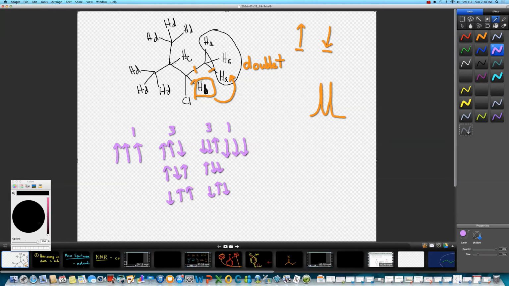But it's also split by HC into doublets in the 1 to 1 ratio. So normally when we have a quartet, it's split like this. But when I have another environment, HC, that can split, each of these peaks is split into a doublet.